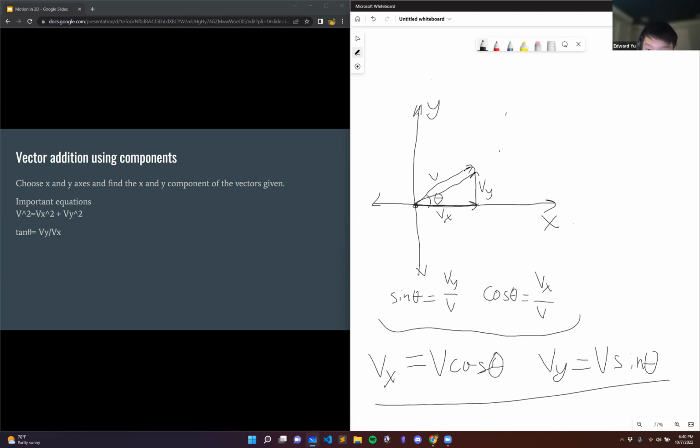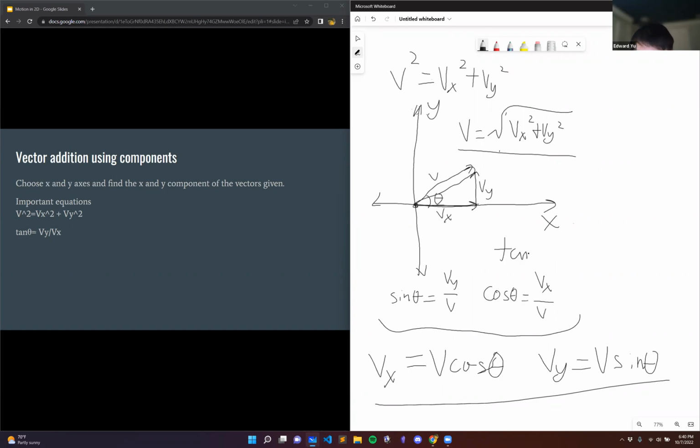Some other important equations: to find v, you would just use the Pythagorean theorem, v squared is equal to vx squared plus vy squared. So v is equal to the square root of vx squared plus vy squared. If you're trying to find the angle instead, you may or may not know tangent as well.